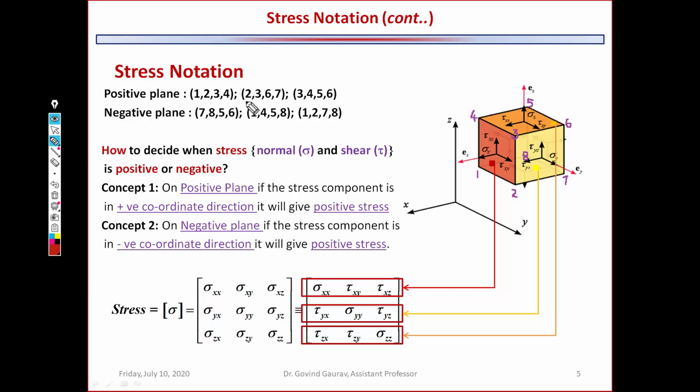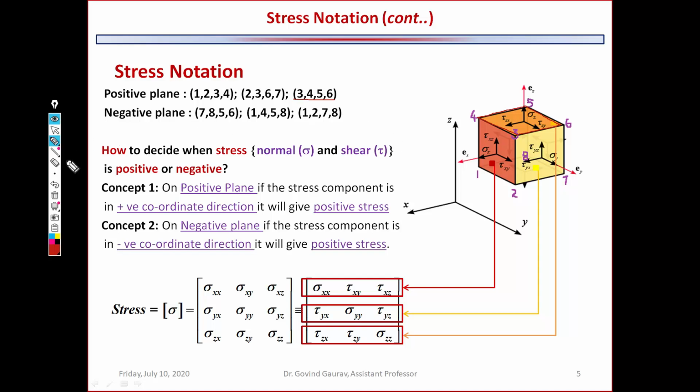The next positive plane is represented by 2, 3, 6, and 7, which represents this particular plane. Again, this is regarded as a positive plane. The next positive plane is 3, 4, 5, and 6, represented by this plane. So this particular plane is also a positive plane.